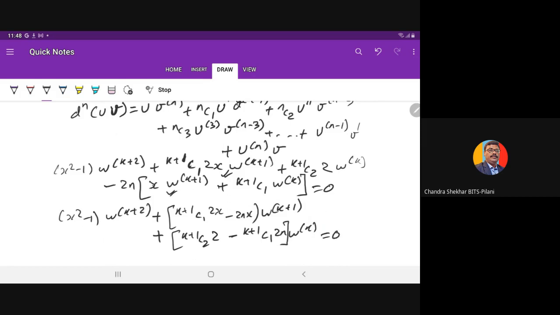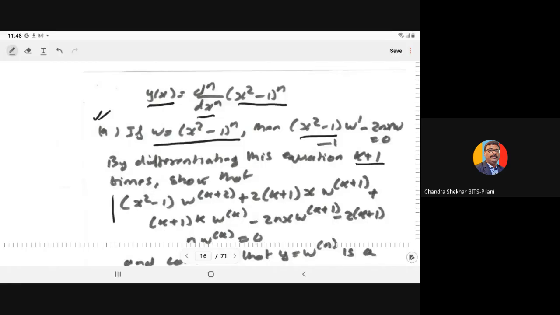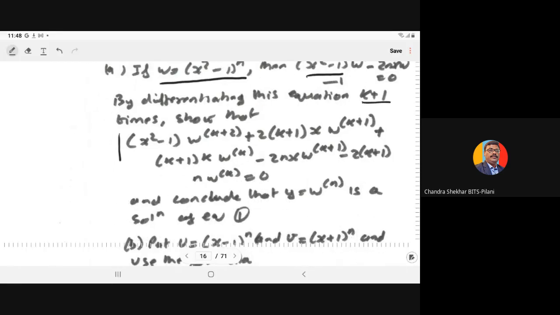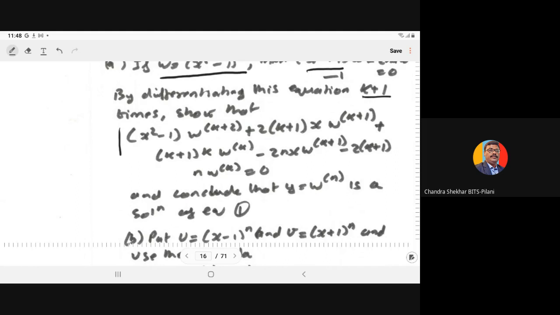So here we have written the same thing, just expanding k plus 1 C1 and k plus 1 C2.